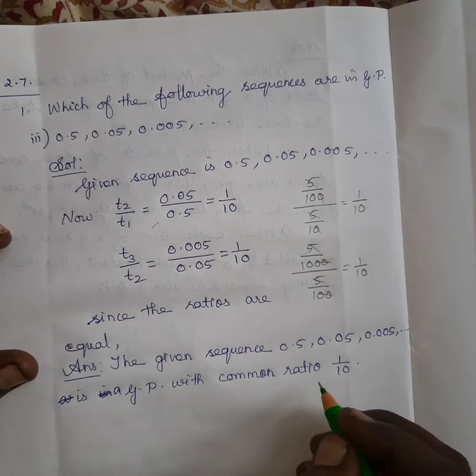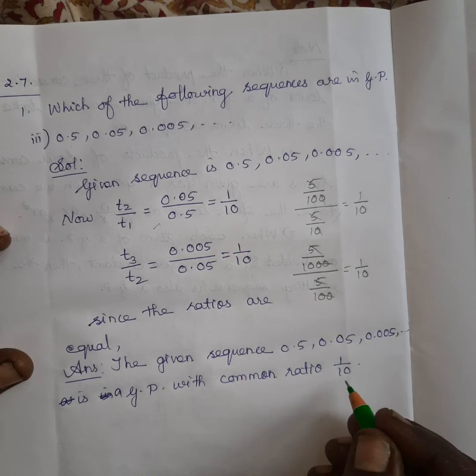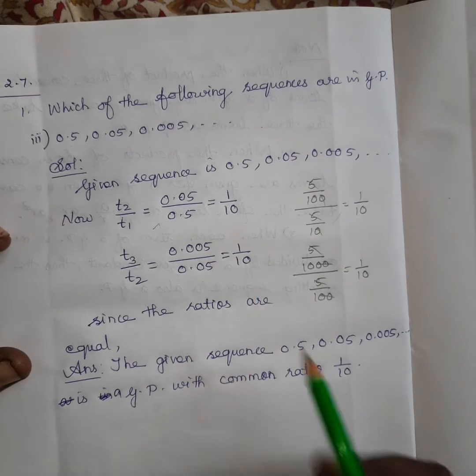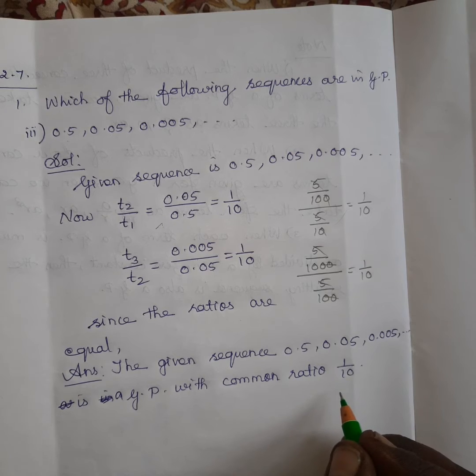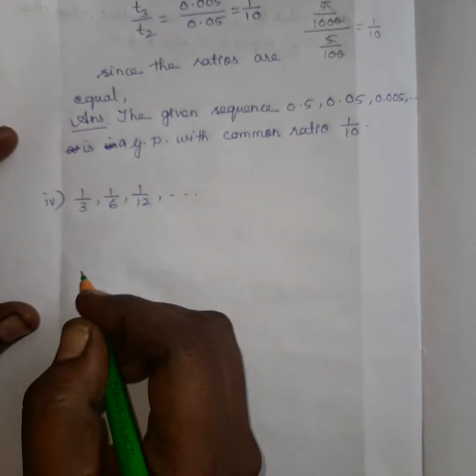Okay, if it is a GP, you have to write the common ratio. Since the ratios are equal, that is the common ratio, 1 by 10. Okay. Next one, fourth question.